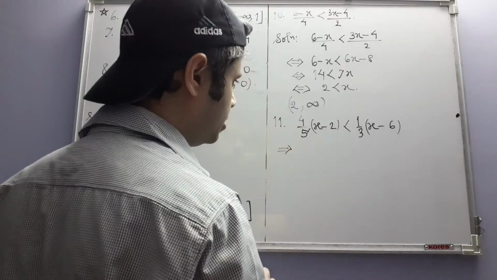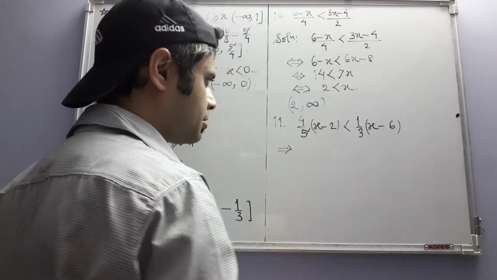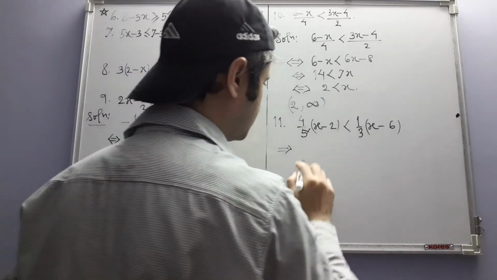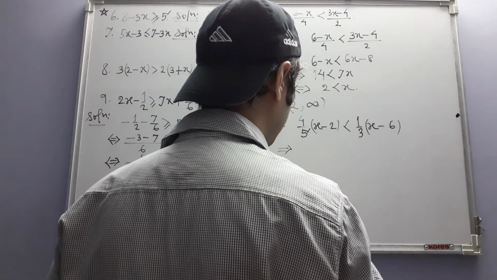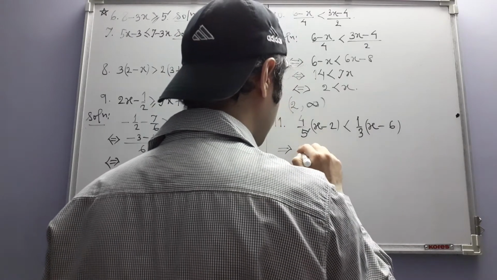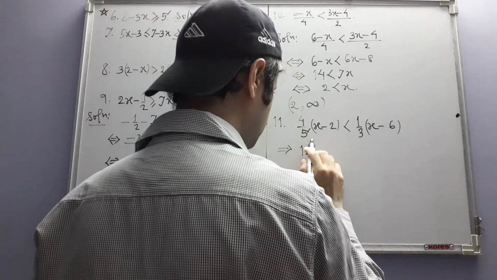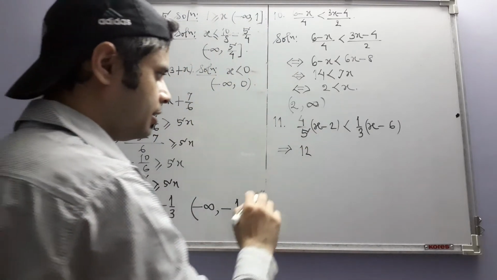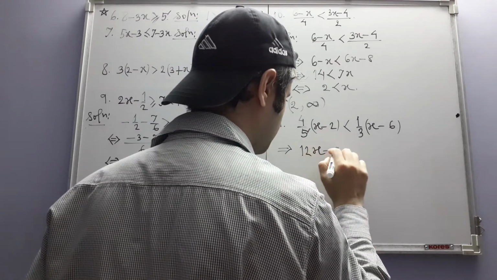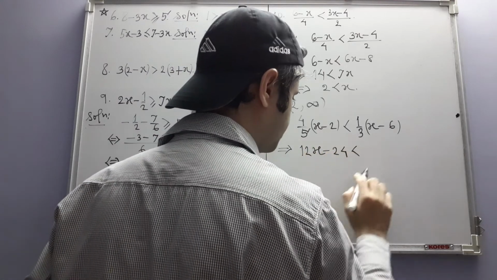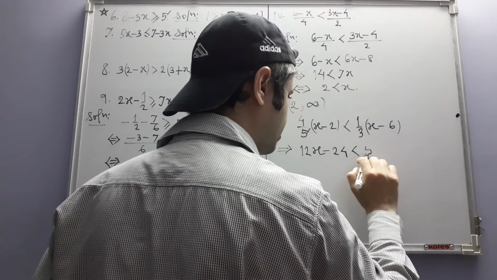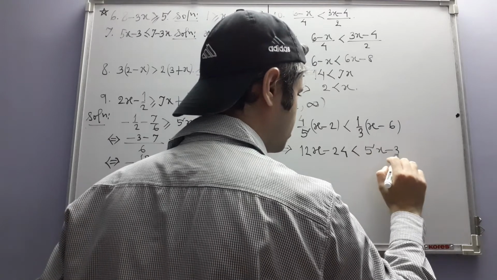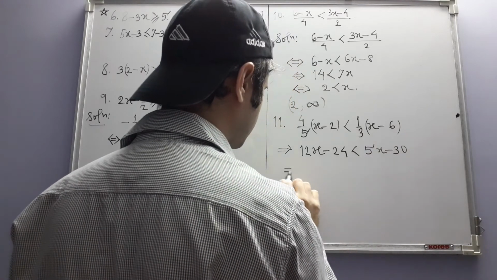So what we do here, we multiply on both sides by 15, the LCM of 5 and 3. So on this side we will have 12, because 15 divided by 5 is 3, 3 times 4 is 12, 12x minus 24. On this side we will have 5, so 5x minus 30.